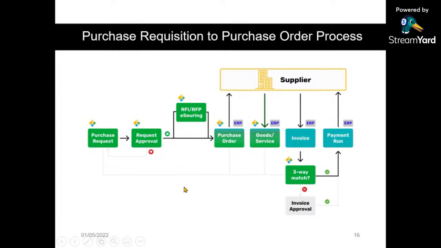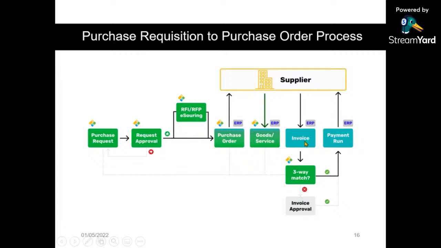As I mentioned, procure to pay is totally streamlined, and it is tightly controlled. It is totally secured, and every document has its own approval mechanism. Requisition will have its own approval mechanism, RFQ will have its approval mechanism, purchase order will have its approval mechanism, and invoice also will have its approval mechanism.